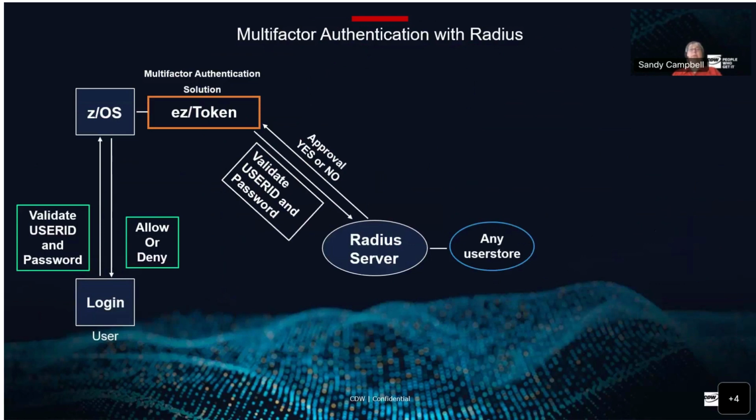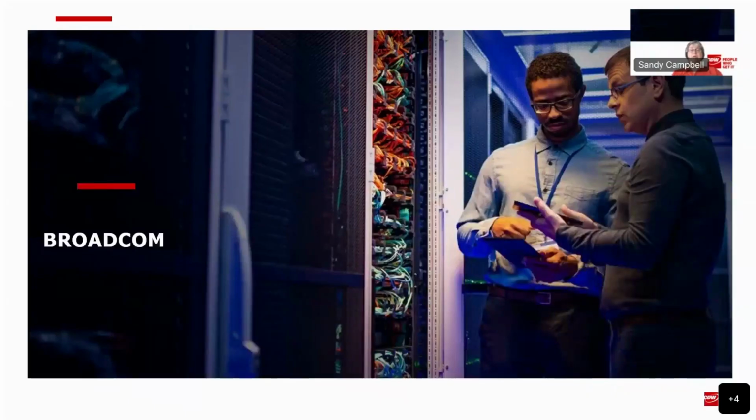It would be either approved from the Radius server, come back with a validation, and then let you log in. It's very simple to implement and very simple to get through. So any questions on the Vanguard solution? No questions, Sandy. Okay.